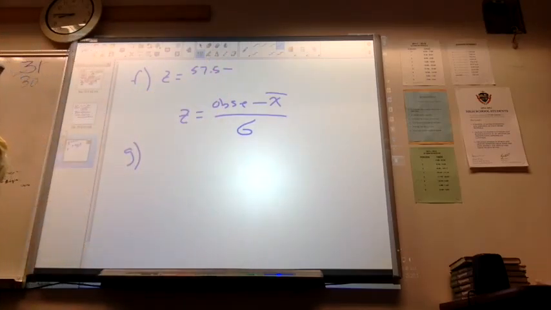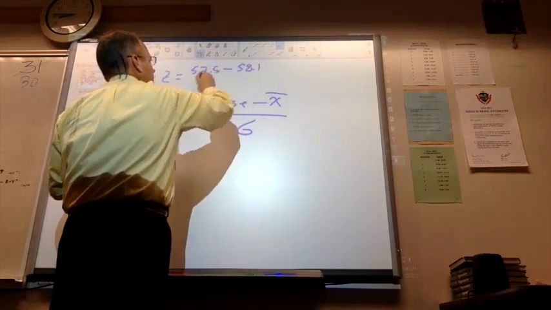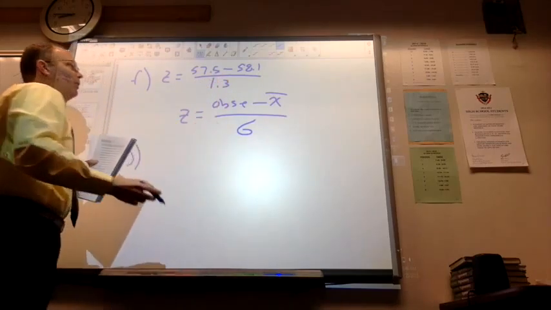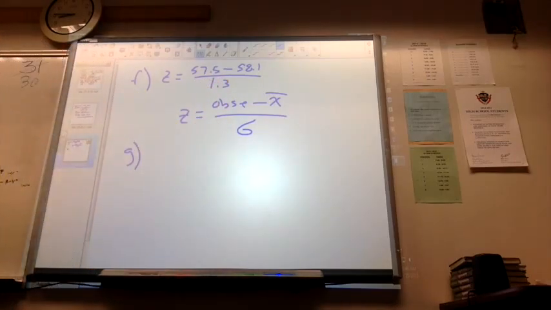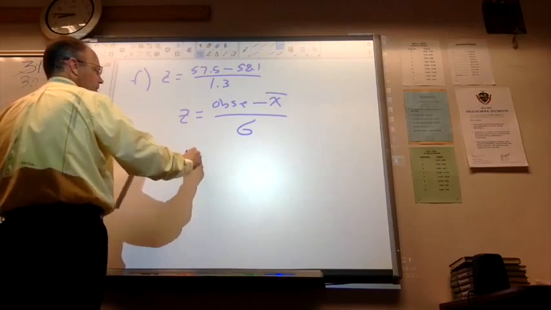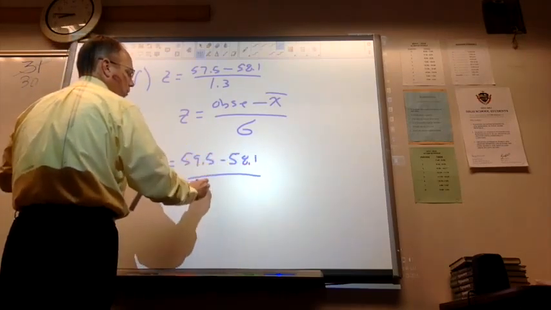And they said the average was 58.1, and the standard deviation was 1.3. So you would just find the actual z-score. You're not going to use the z-score to go back and look at the table. You're going to find the z-score. And then G, same thing, except you're going to plug 59.5 in minus 58.1 over 1.3.